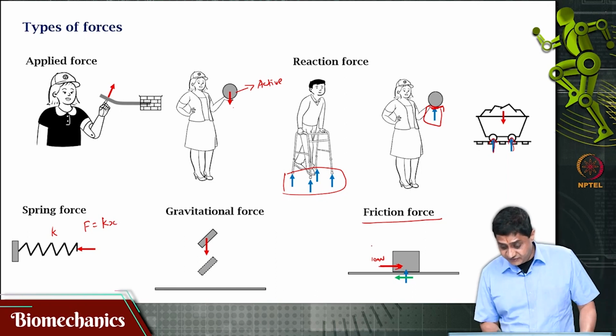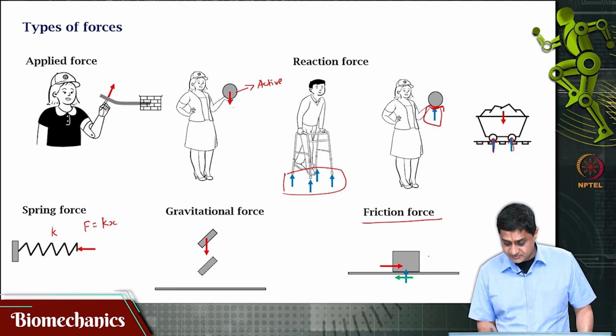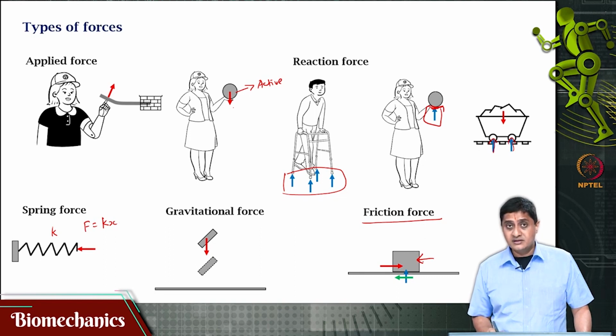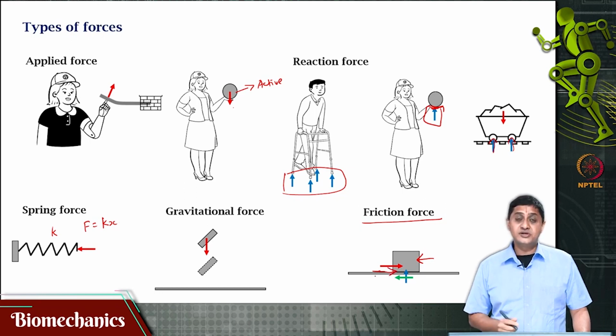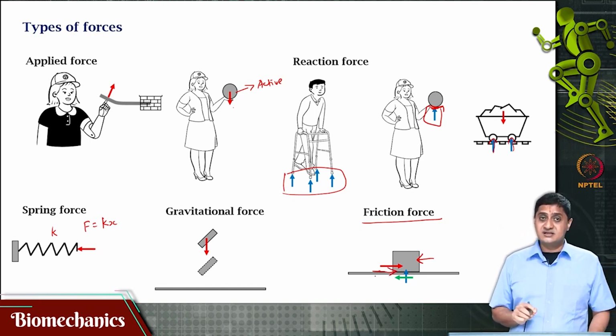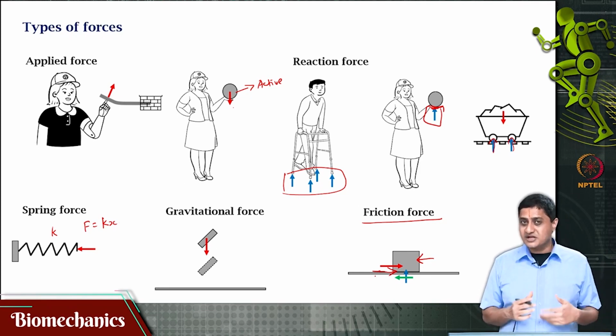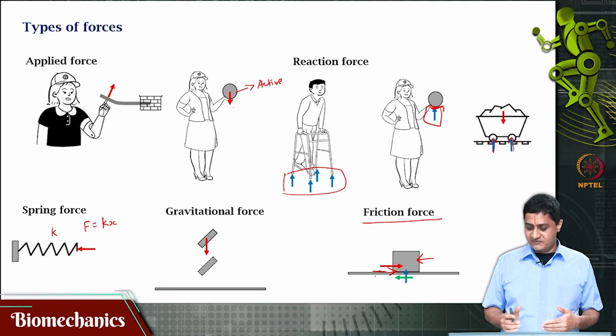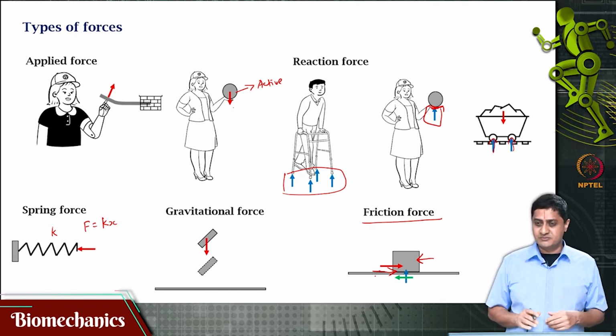That means if the applied force is not along this red arrow shown but rather along that red arrow, then the frictional force will be along this direction. So it always acts against the direction of the applied force. It's a reaction force that is developed when this kind of surfaces are involved, in particular when the surfaces are not considered to be smooth. Most practical surfaces are not smooth.